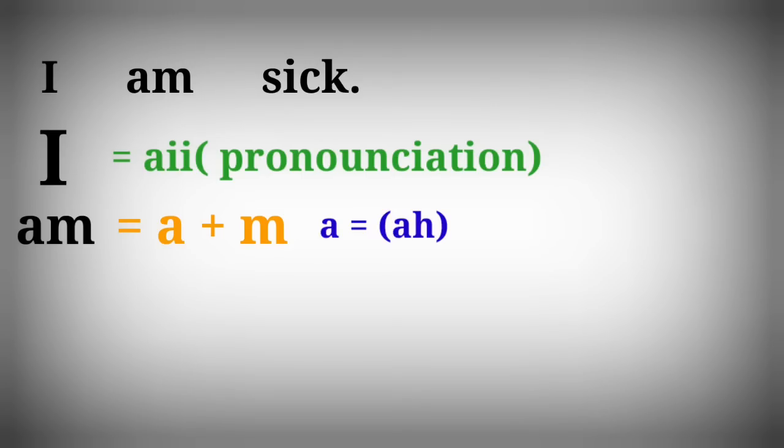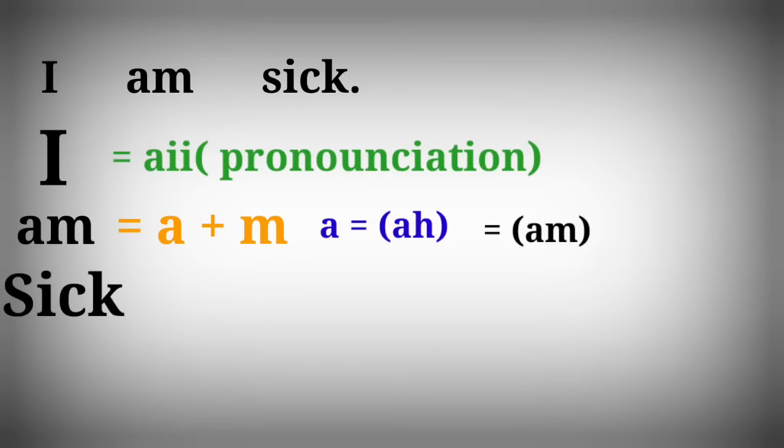A is A, and am has a vowel letter at the start. So A plus M is going to be am.